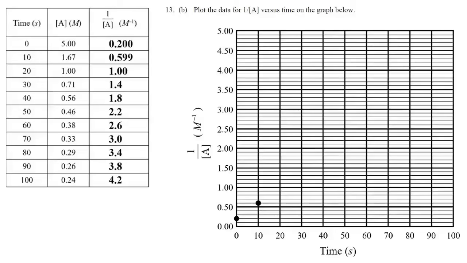Then we have a value of 1 at 20 seconds, 1.4, 1.8, and I'll just keep going, 2.2, 2.6, 3.0, 3.4, 3.8, and finally 4.2 at 100 seconds. Notice that in the graph that we're looking at right now, the units on the y-axis are inverse molarity, 1 over molarity. When it was natural log, there were no units at all. But now we have units of inverse molarity, 1 over molarity, and on the x-axis we still have units of seconds for time.